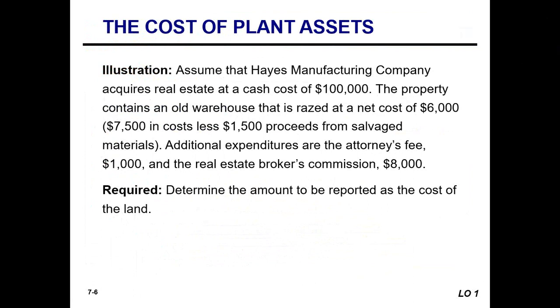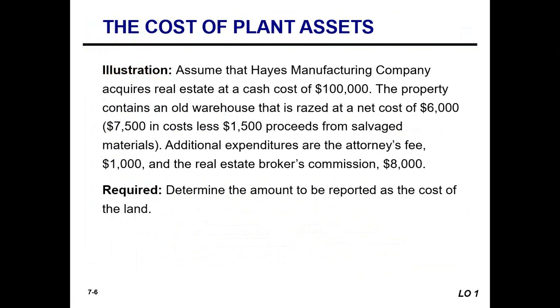So this company bought land for $100,000. The property had a warehouse on it already that had to be torn down. The cost to tear it down was $7,500, but they did receive $1,500 from salvaged materials. You know, you take stuff to the junkyard and they pay you. There was also an attorney's fee and the real estate commission.